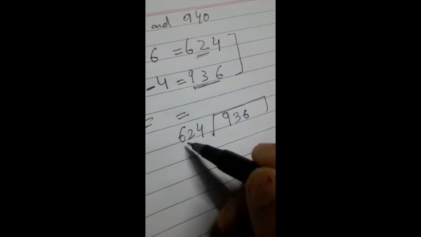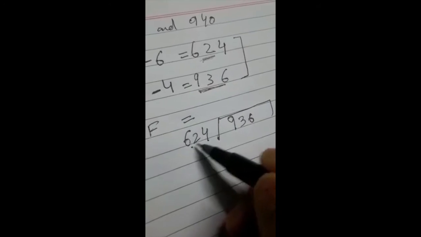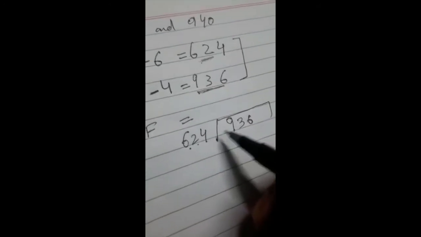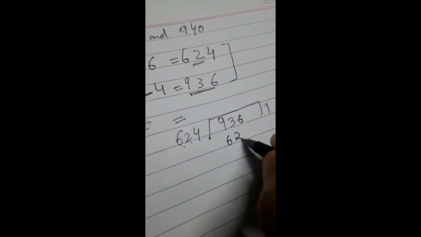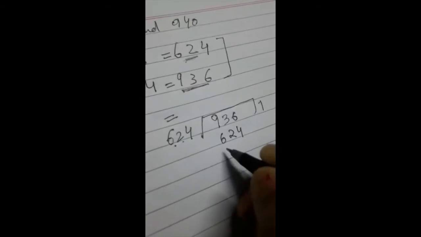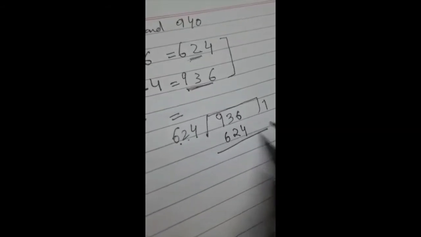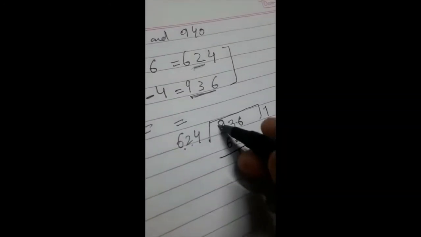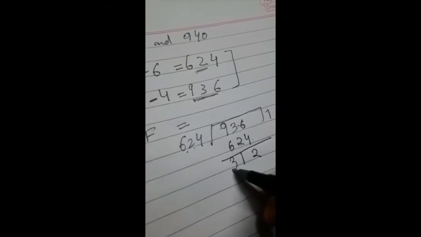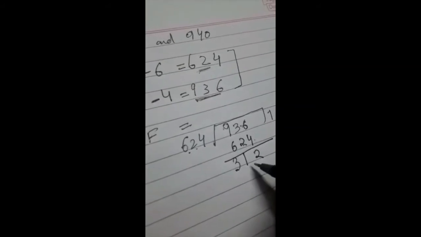When we multiply 624 by 2, it will exceed this number, so we multiply by 1. Once 624. Now minus it. 6 minus 4 is 2. Here is 3 1 and 9 minus 6 is 3. The new number is 312.